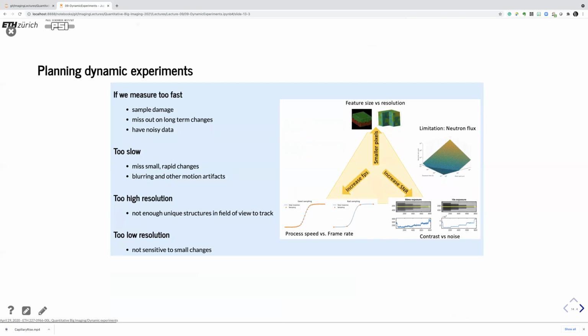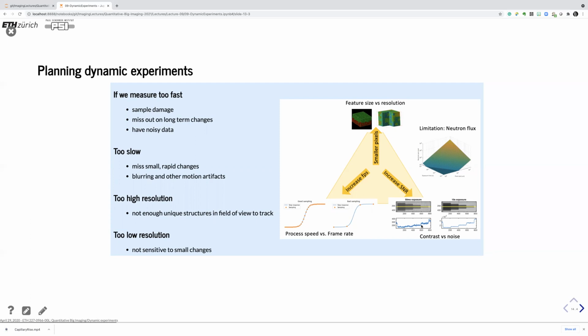So when you plan the dynamic experiments, a little bit of a summary here. You have different feature sizes versus resolution. So here you would go towards smaller pixels. You may need an increased frame rate, or sometimes the image is too noisy, and then you have to optimize for that.